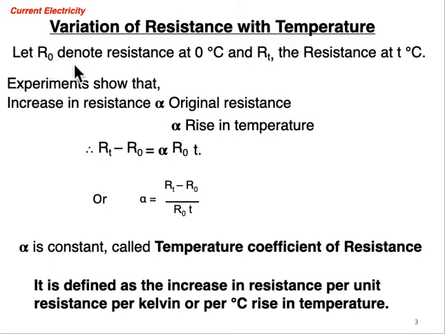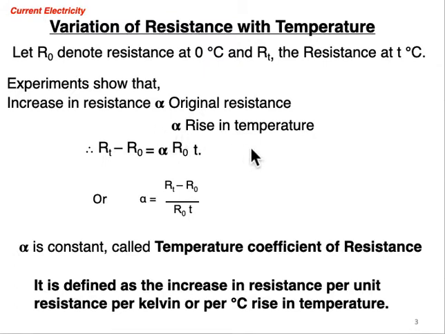Here, suppose R naught denotes the resistance of a conductor at 0 degrees Celsius and RT the corresponding value of resistance at T degrees Celsius. Experimental measurements show that if it is a conductor, the resistance will increase. Increase in resistance is proportional to original resistance, that is resistance at 0 degrees Celsius.